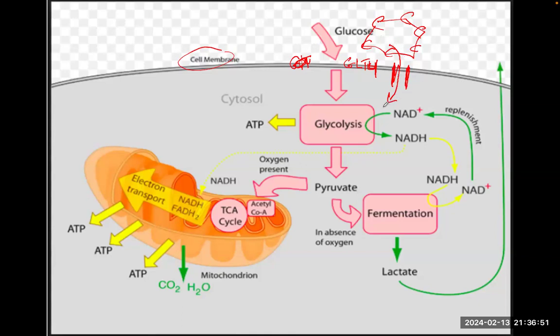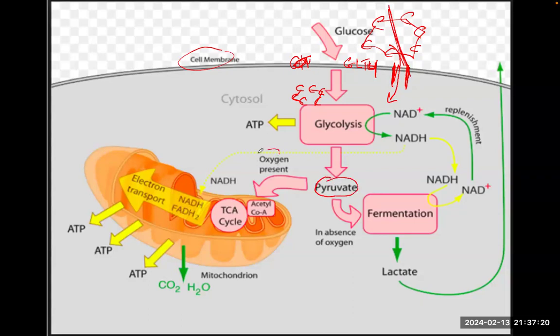Now, once glucose enters in, glycolysis is when it takes this and splits it. So now we don't have a 6-carbon sugar. Now we have 2 3-carbon sugars. And those 2 3-carbon sugars are what we call pyruvate or pyruvic acid.